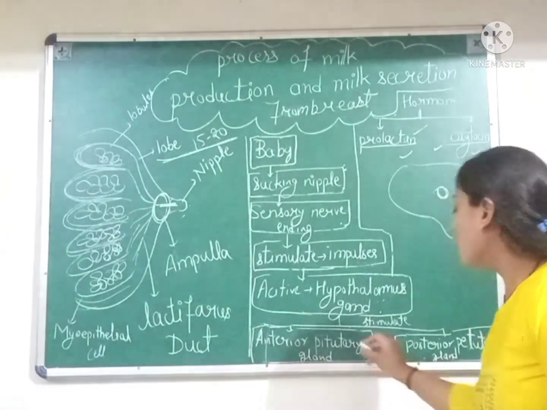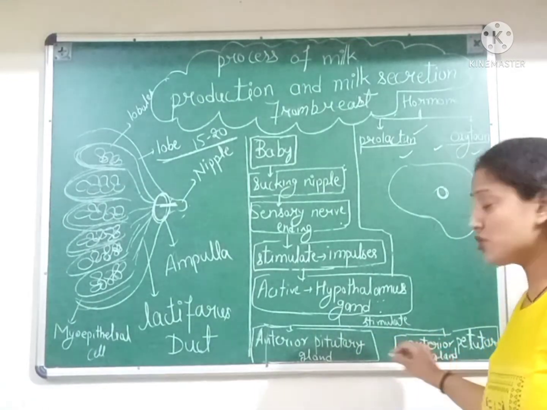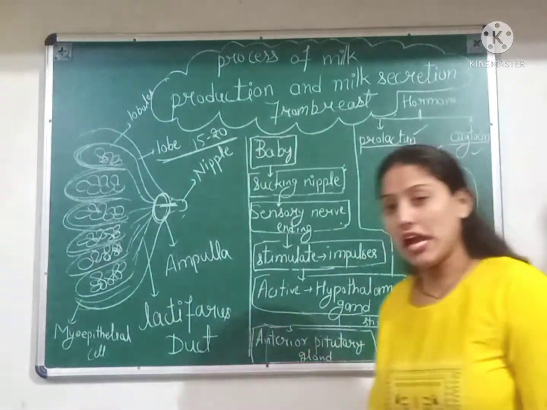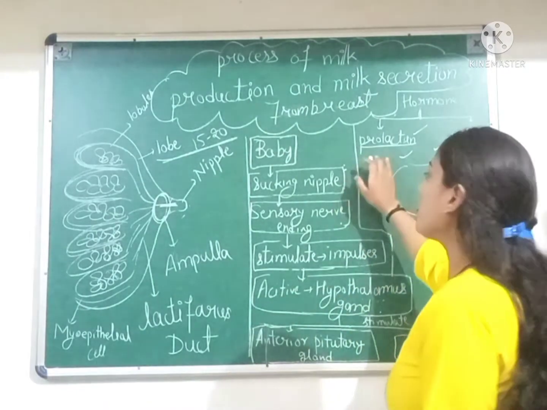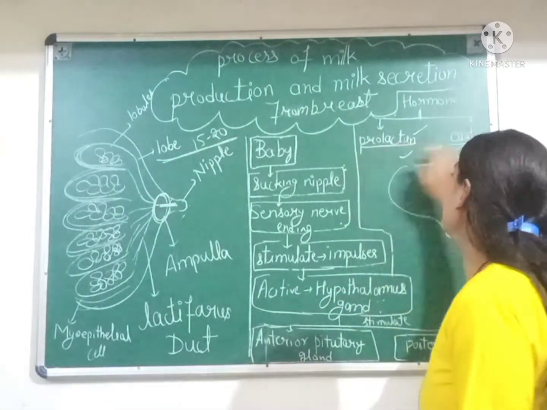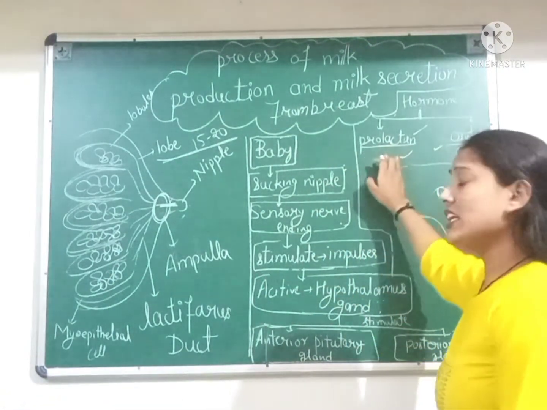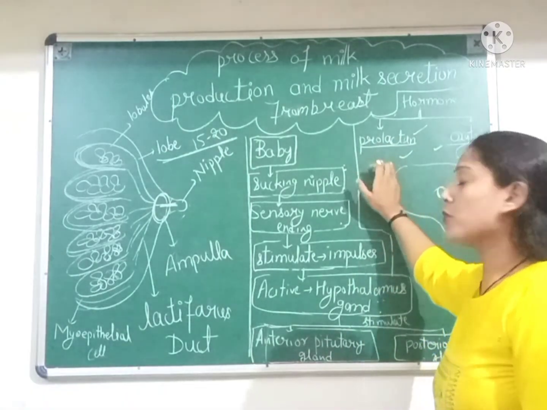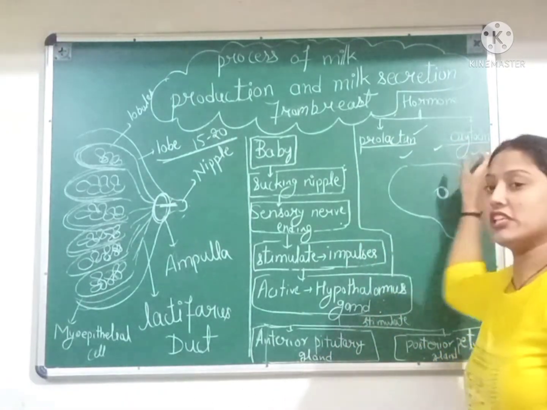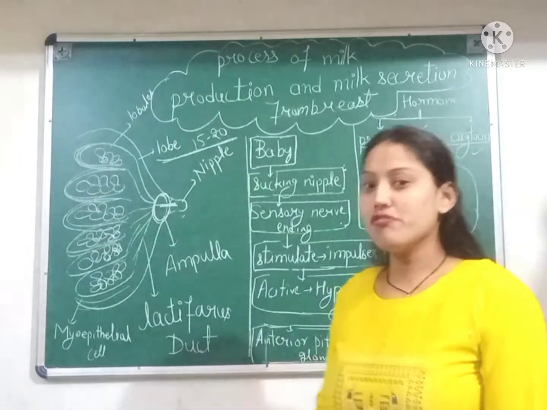Both secrete hormones called prolactin and oxytocin. Prolactin is responsible for the production of milk, and oxytocin is responsible for the secretion of milk.